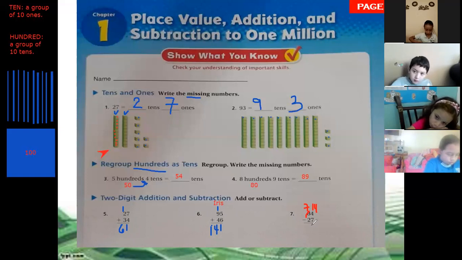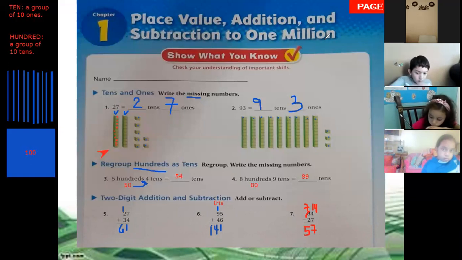Seven. And 7 minus 2? 5. So the answer is 57. You might complete your book because then I need pictures in Schoology.